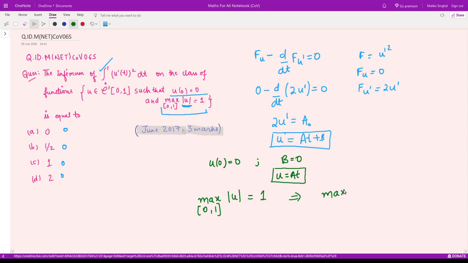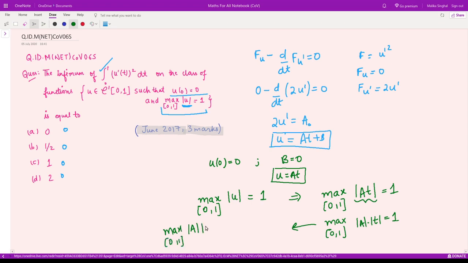So I have the maximum over the closed interval 0 to 1 of modulus of at is equal to 1. Now this being modulus, I can write this as the maximum over the interval 0 to 1 of modulus of a multiplied by modulus of t. Now a is a constant, so its modulus is also constant, right? So this becomes modulus of a into the maximum over 0 to 1 of modulus of t is equal to 1.